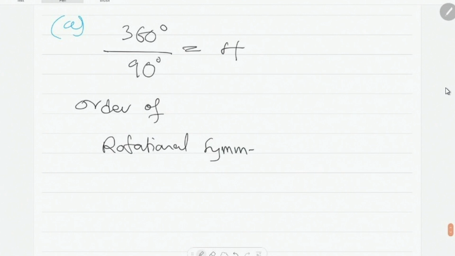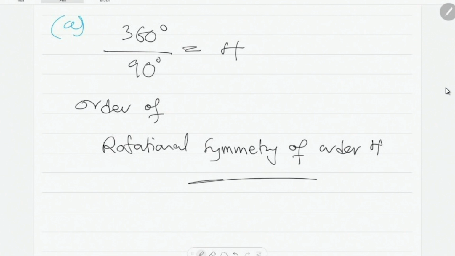Then it means that we have described the order of rotational symmetry fully. In fact, you should continue and say it is rotational symmetry of order 4 about the origin O, or you can just add that and say about O. Then it means that you have described it fully. All right, so we go to part B.